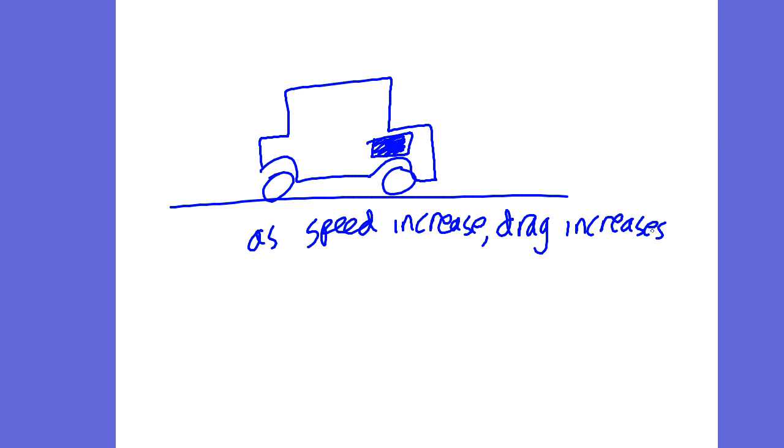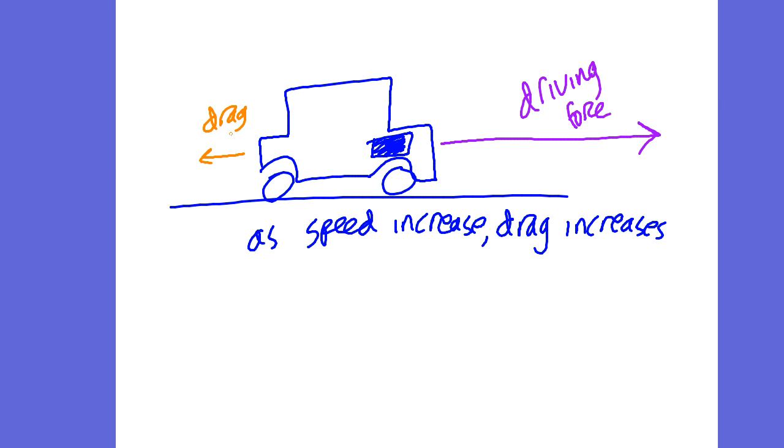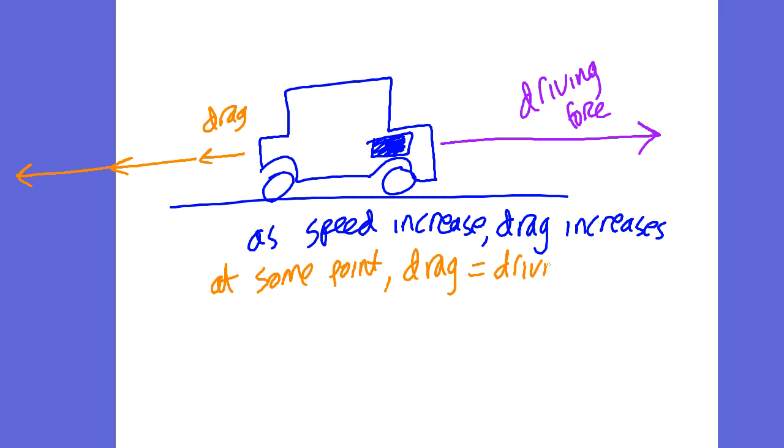So let's say we had a certain amount of driving force from the car, from the engine, applied through the wheels to the road. Okay, as you get faster, you get a bit of drag, then you get a bit more drag, and then you get to this point where at some point drag equals the driving force.